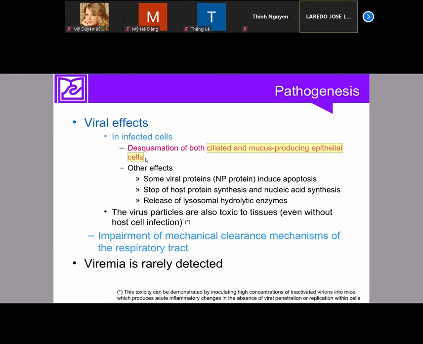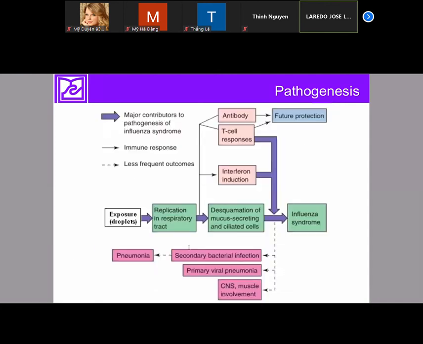When these cells are destroyed and disappear, the host becomes more susceptible to other infections because dust and microorganisms cannot be removed from the respiratory tract. So there is an impairment of mechanical clearance mechanisms in the respiratory tract. So we become susceptible to other infections.